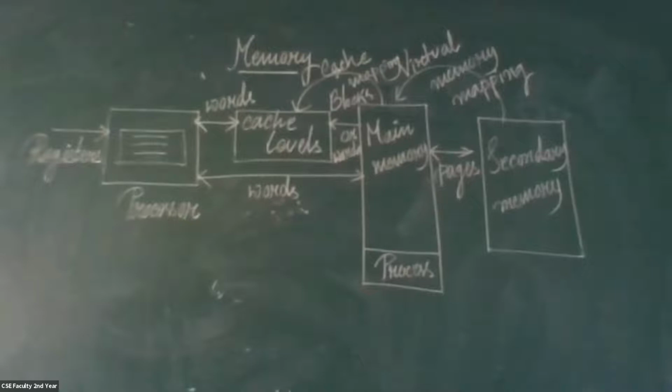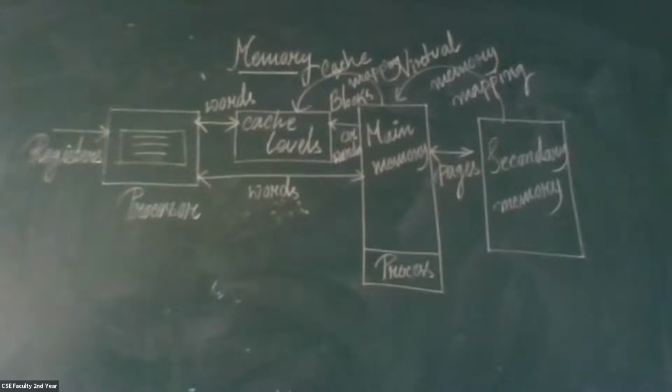The size of cache is smaller than the main memory, and the processor or the CPU is directly connected with the cache. They exchange information in the form of words. The processor is also connected with a very, very high speed memory called register. Very little information, one at a time, can be stored in the registers.